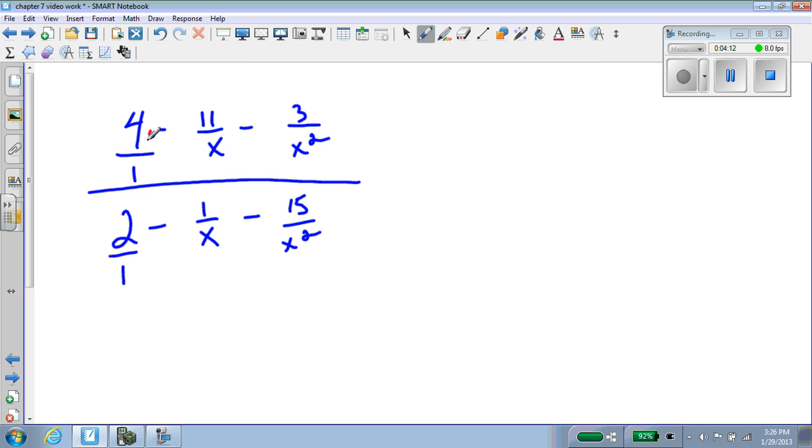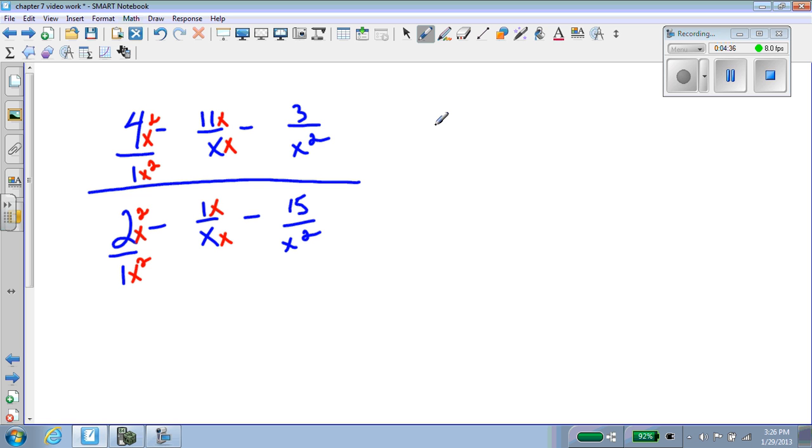So this fraction needs x squared. This fraction just needs x times x, and that fraction doesn't need anything. While I'm at it, the common denominator in the denominator is also x squared. So this fraction needs x squared. This fraction needs x over x.